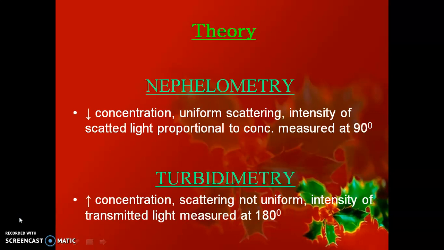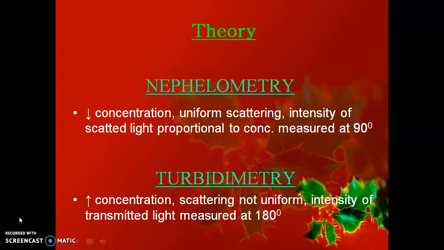Nephelometry is applicable for lower concentration or less turbid suspensions. Here in nephelometry we get very uniform scattering. The intensity of scattered light is proportional to the concentration, measured at 90 degrees, and applicable for dilute suspensions.